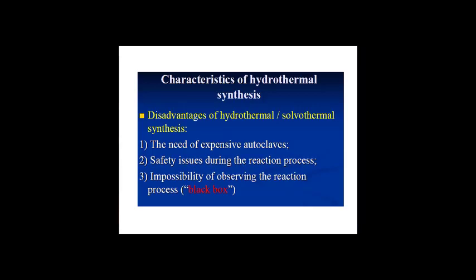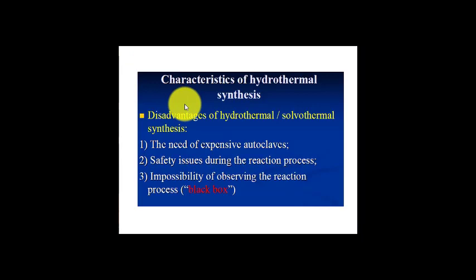We do not have access to the black box, and we cannot observe any color change or physical state change occurring in the reactants when they are converted to the products. So this is also a very big drawback of this method, that the physical or chemical changes which are occurring cannot be observed by the naked eye, which can be observed in the co-precipitation method.